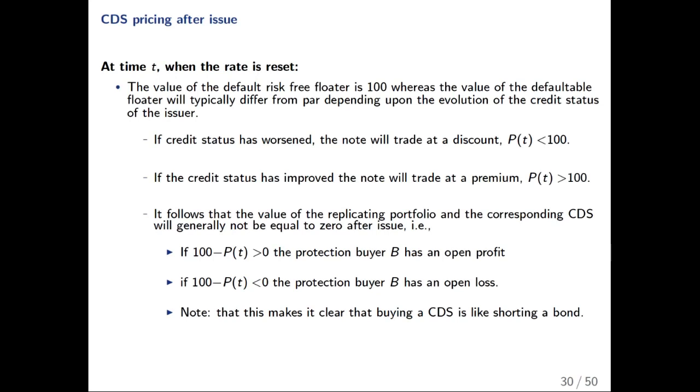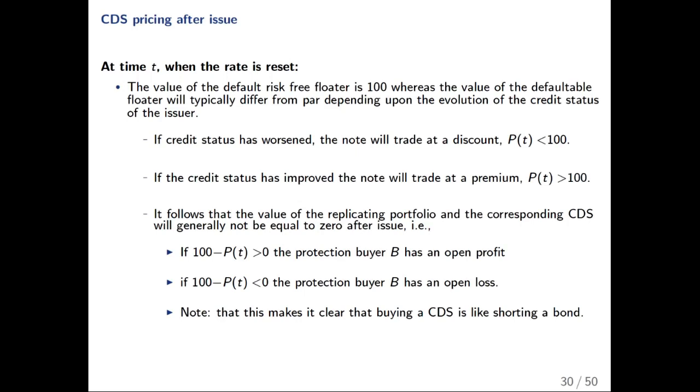If it went down, the new investors in the market are going to demand higher yields from them. If they demand higher yields, the price of the bond must have also gone down. So if I buy a CDS on a company and the credit status of the company goes down because they get downgraded, for example, then I make money because I'm short a bond whose price just went down.